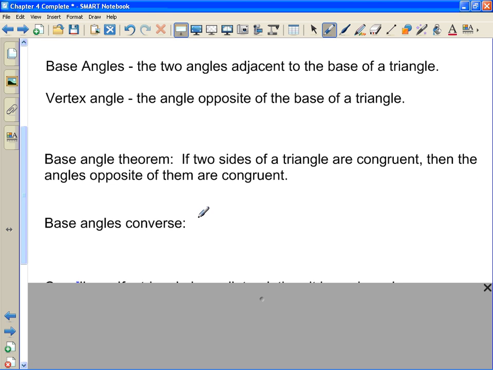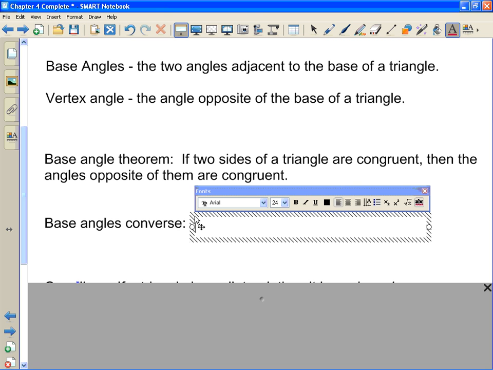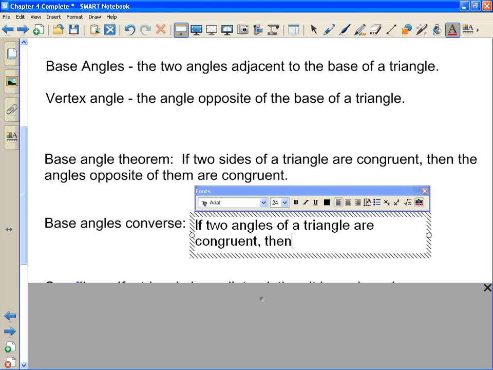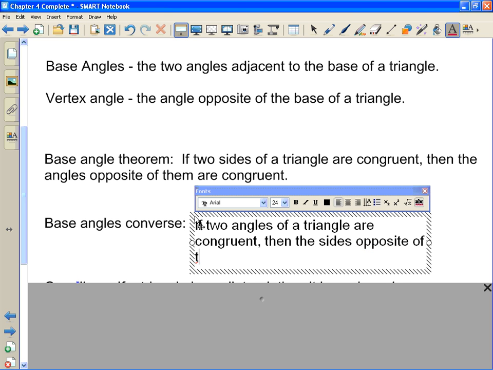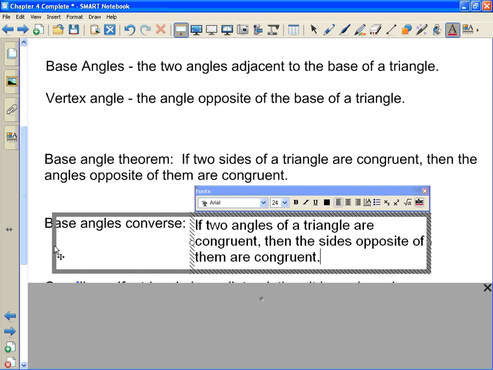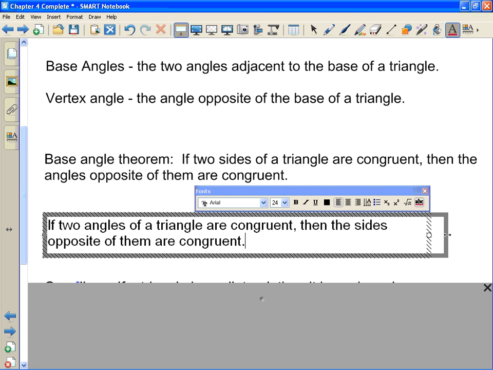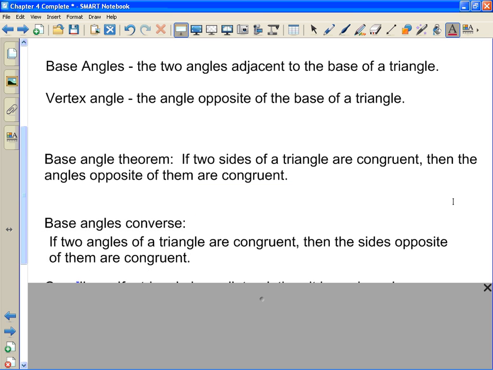So our converse is going to say, if two angles of a triangle are congruent, then the sides opposite of them are congruent. That's what our converse is going to say, and that's also true.